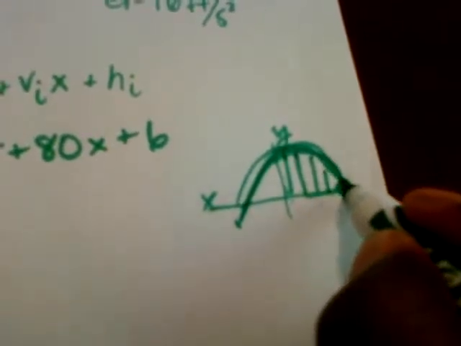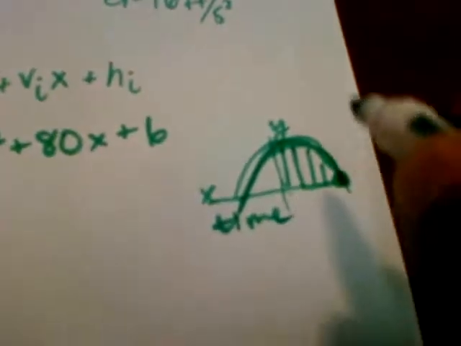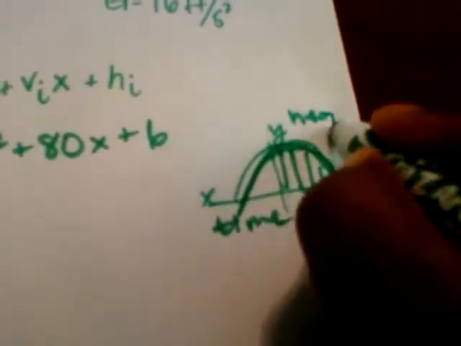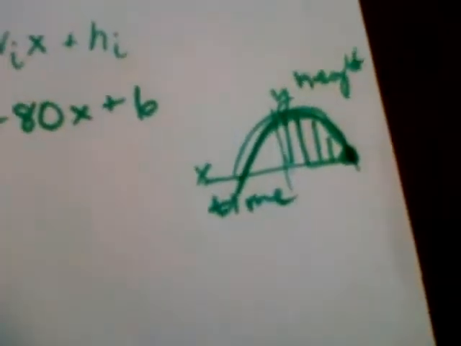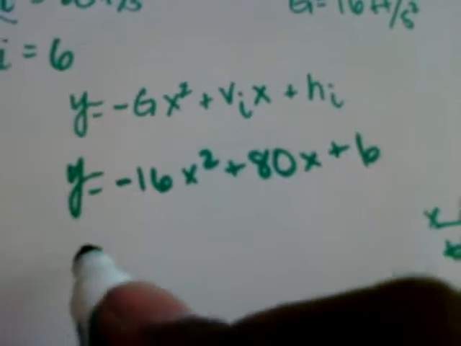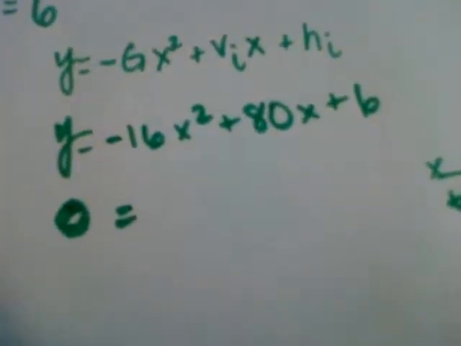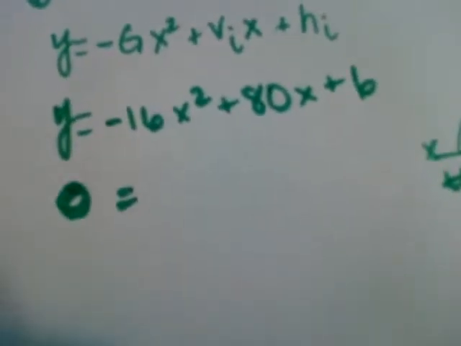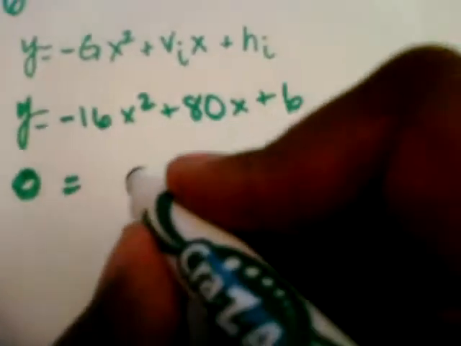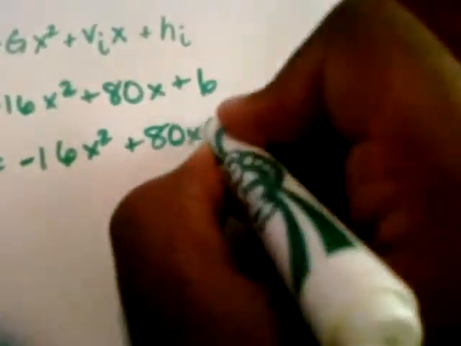The x represents the time, and the y represents the height. And so now, we want to know where y equals 0, aka where the ball hits the ground, right? Your height is 0 when you're at the ground. And so now I can rewrite this as 0 equals negative 16x squared plus 80x plus 6.